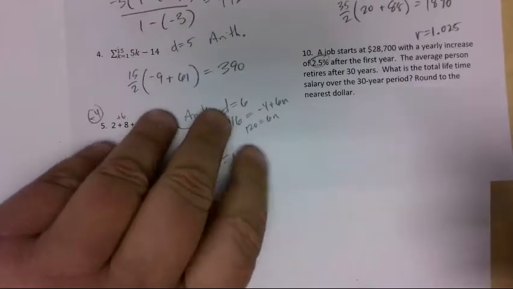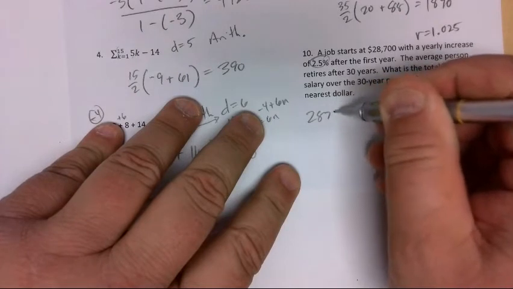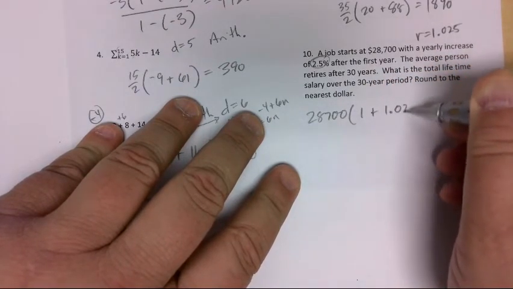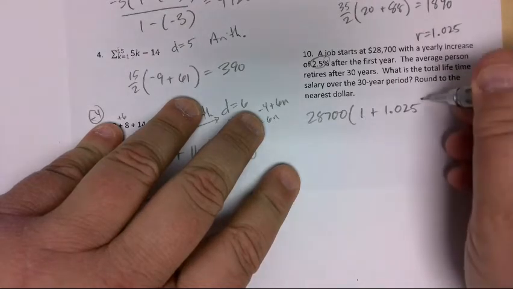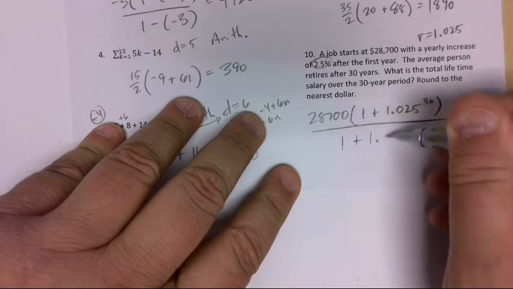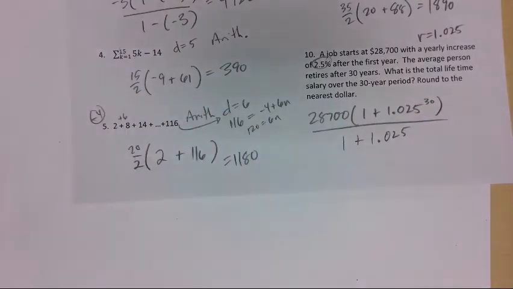So I've got my first year, which is 28,700 times 1 plus 1.025 to the power of 30, because we're talking a 30-year career, all over 1 plus 1.025.